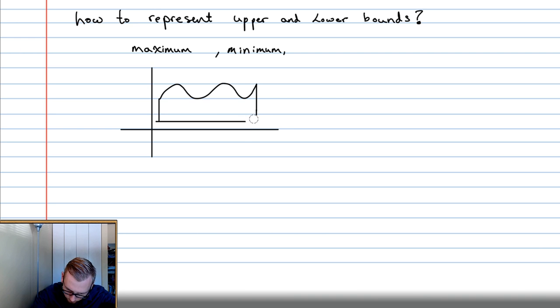It doesn't look very good. Okay, so it would be this function, let's call it f of x. It would be an upper bound. And this one right here, this would just be some y value.